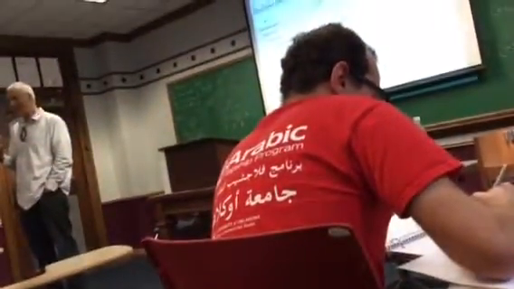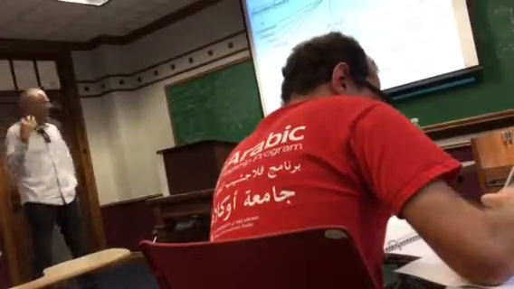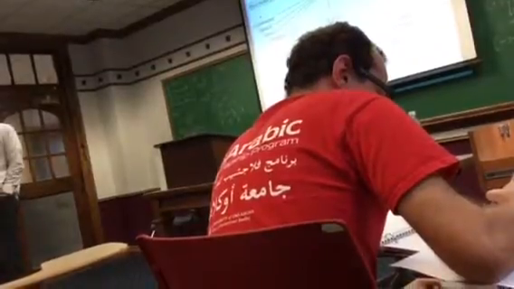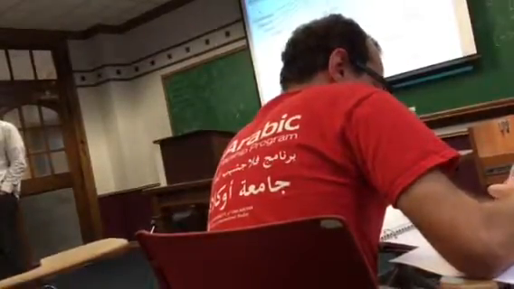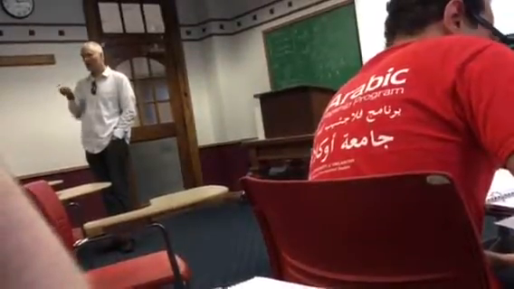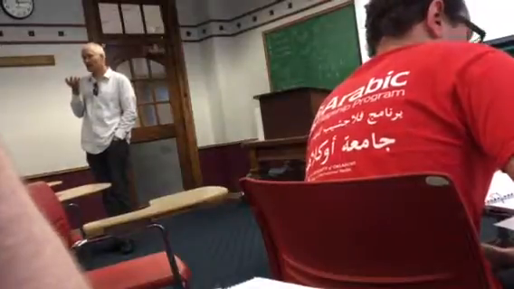Glides are ya and wa. So it's basically taking the set of approximants and saying that for ya and wa, the vocal tract is a little bit more open than in sounds like ra and la.